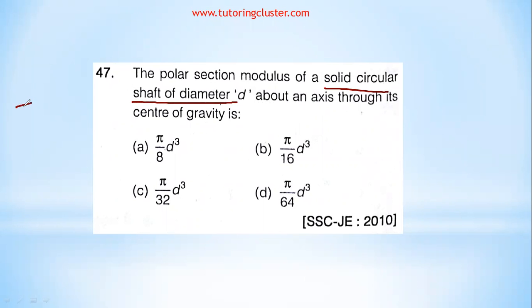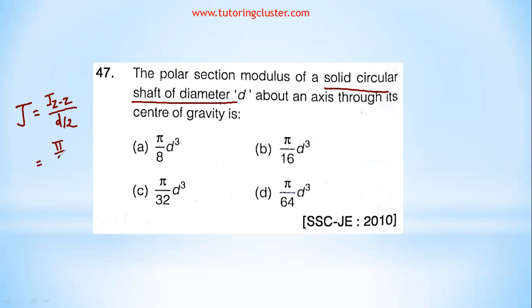So polar section modulus is denoted by J, which is equal to IZZ divided by d by 2. What is IZZ?